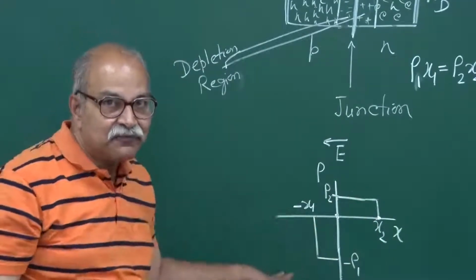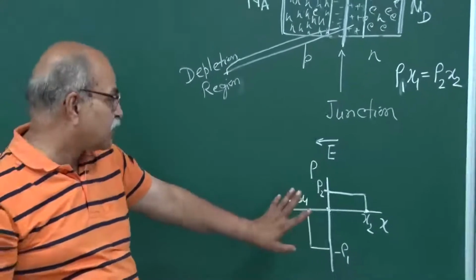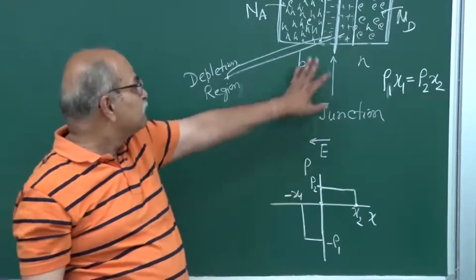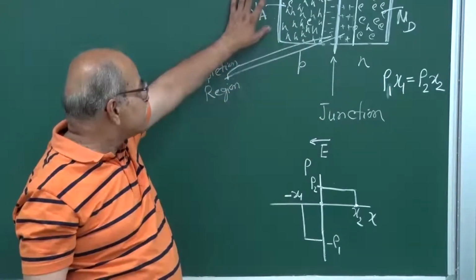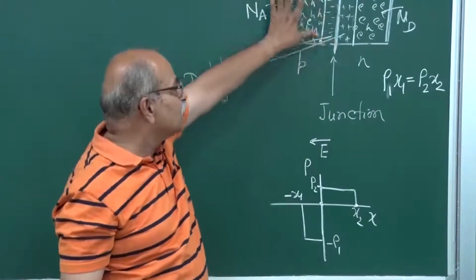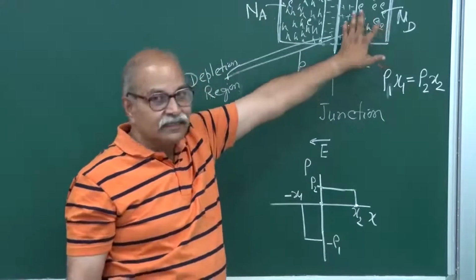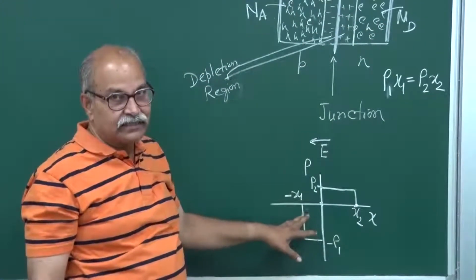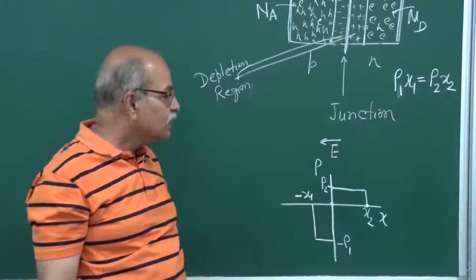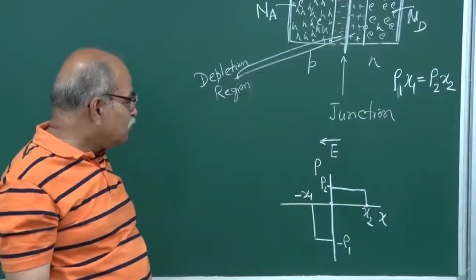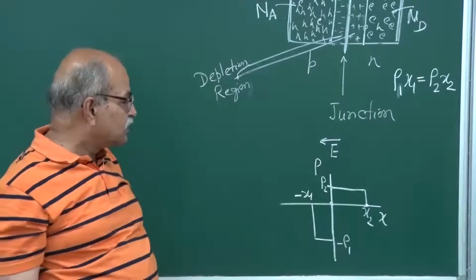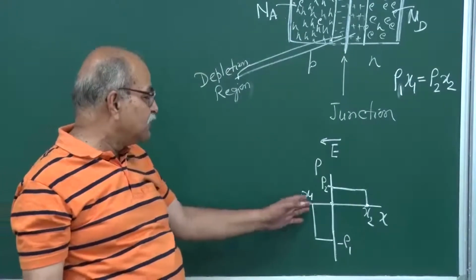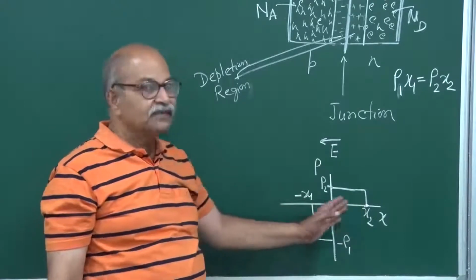So this step function type is of course an approximation, but not a very bad approximation. If the dopant density is uniform in A and in D, it should result in this kind of charge distribution. So let me now calculate, if this is the charge distribution, what will be the electric field distribution? How the electric field will vary as a function of x.